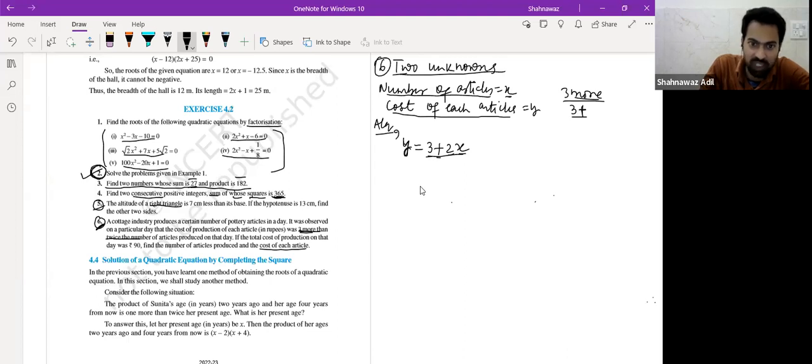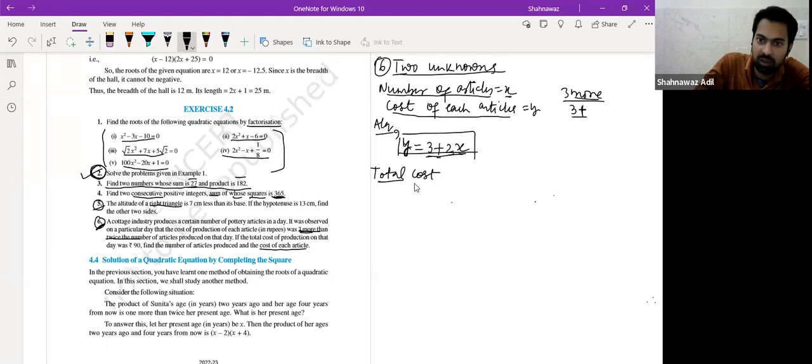Hamad, did you get this point? Yes, sir. Now, what would be the total cost? If you have number of articles X and cost of each article is Y, the total cost would be how much? The total cost is 90.